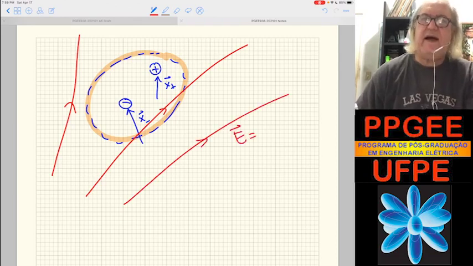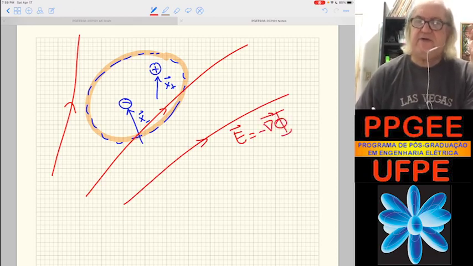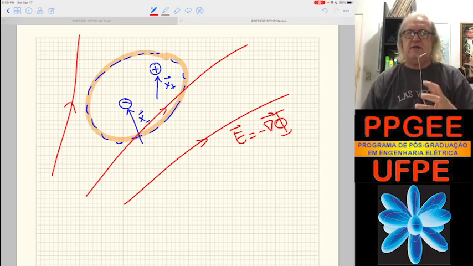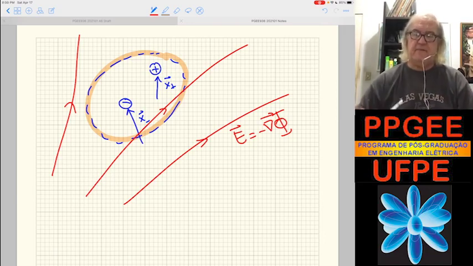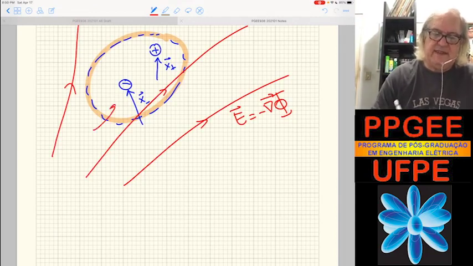And this field is described by minus the gradient of a potential function. So that's external to the system, okay? So the energy of the system here, let's call it W, right?